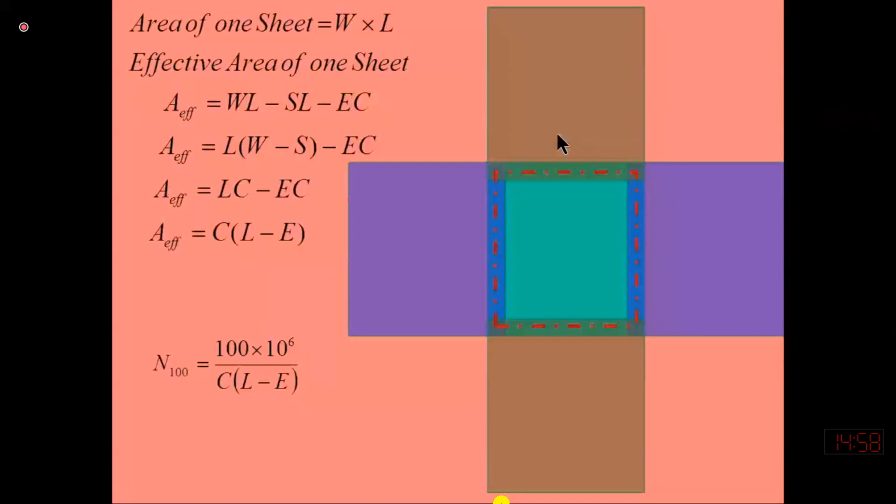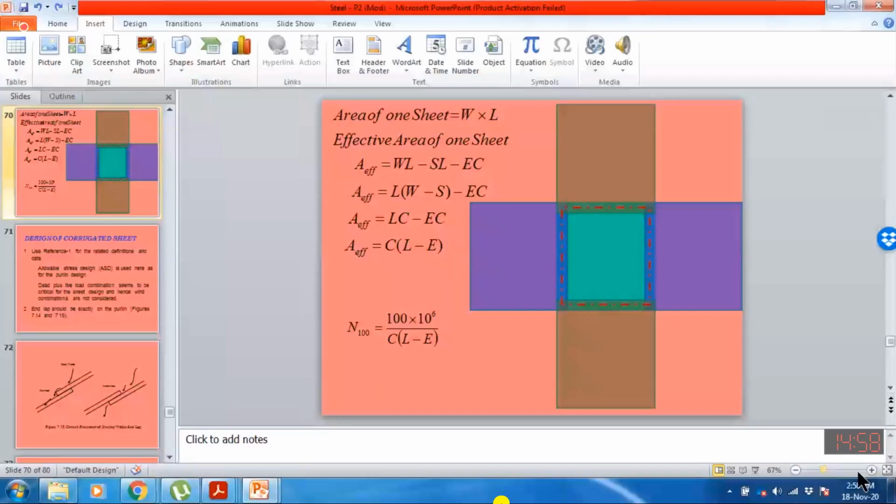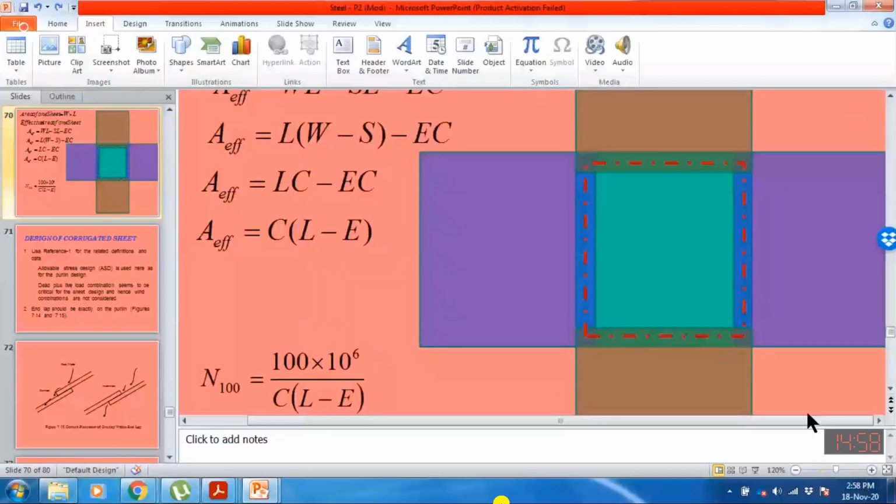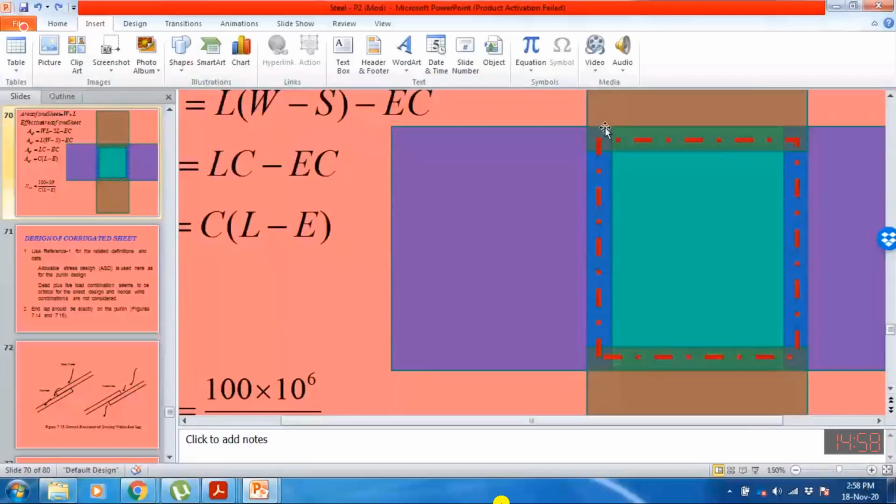Okay, let me mention from here. Similarly, because I have already subtracted this rectangle, the clear distance from this center to this center is actually called cover. So the distance from the center of the side lap to the other side is called the cover.